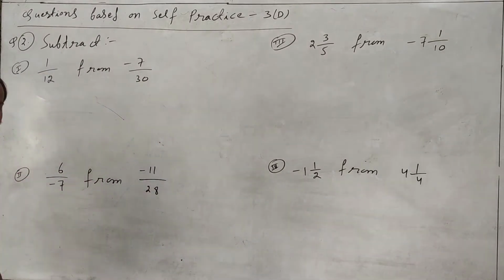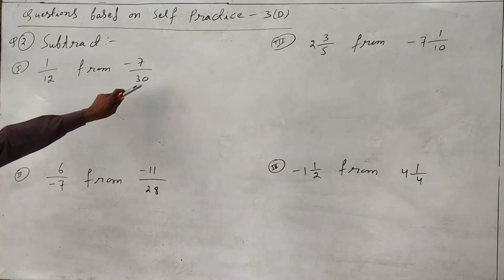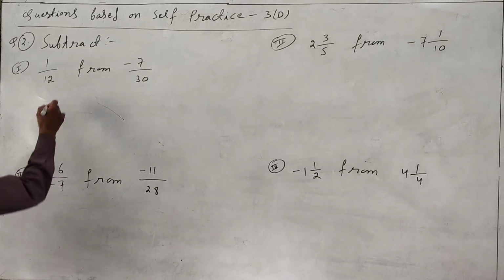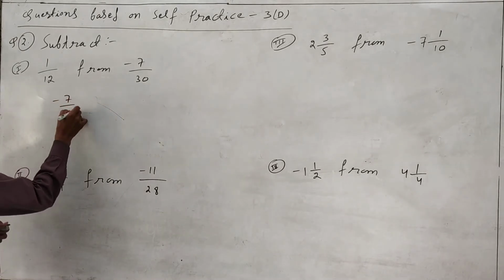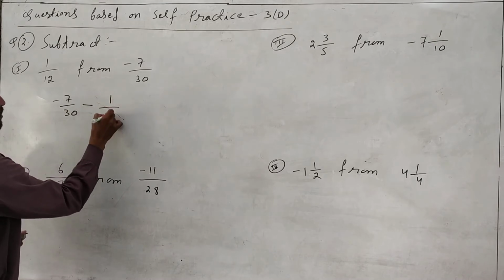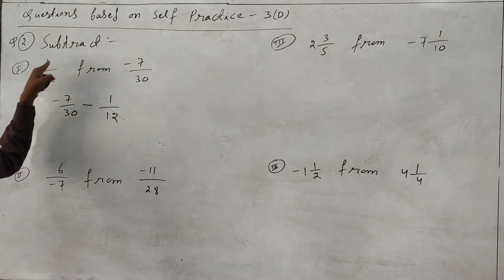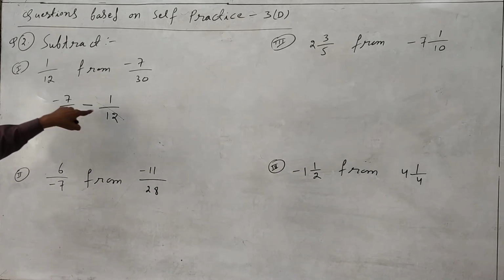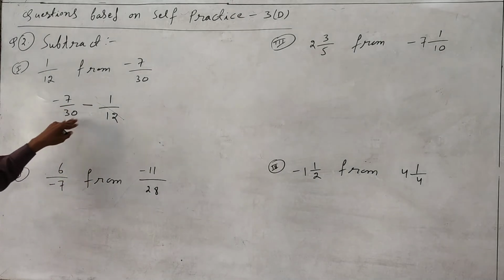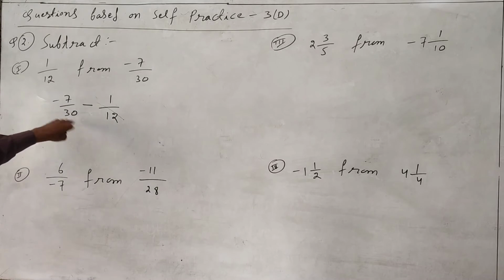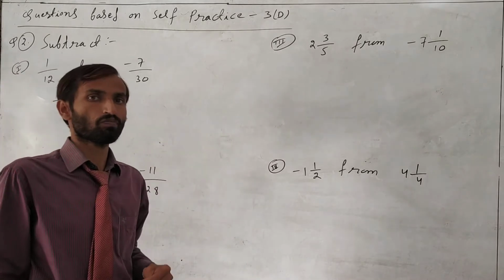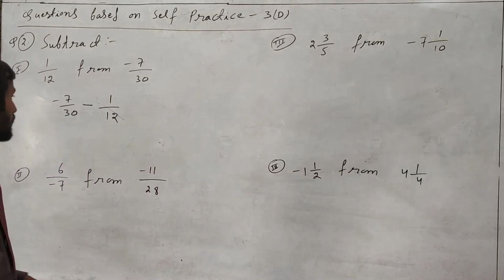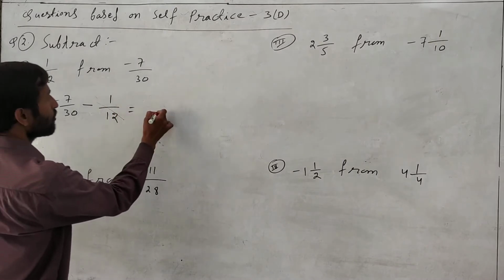First, whatever number is given on this side, we write down first, that means minus 7 upon 30 minus 1 upon 12, because subtraction is given, that's why I put a minus there. Now both have a negative sign. First of all you have to make the denominators the same, so take the LCM of 30 and 12.